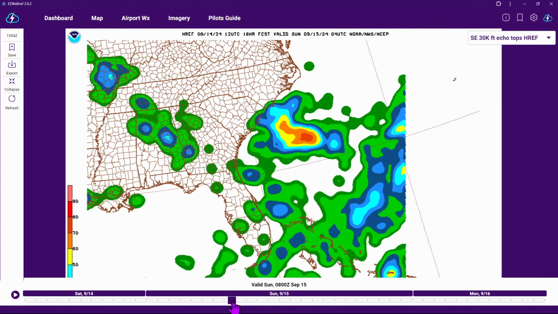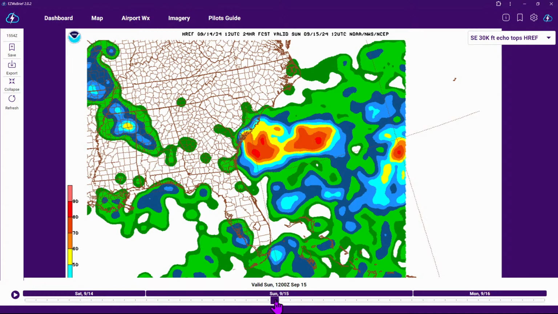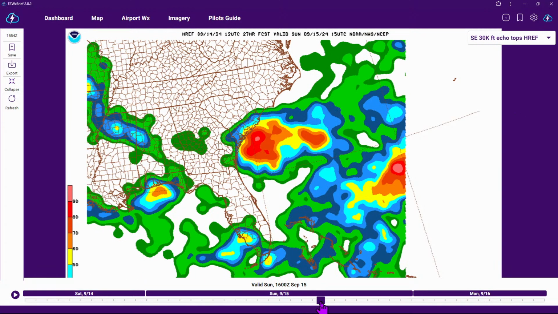So if we run this over to Sunday morning here, we see that all our route, which is essentially down from this area down through here, is telling us that most of that is going to be offshore at this point. So from an early 12Z Sunday morning, we're not really looking at any major convective development in that area.